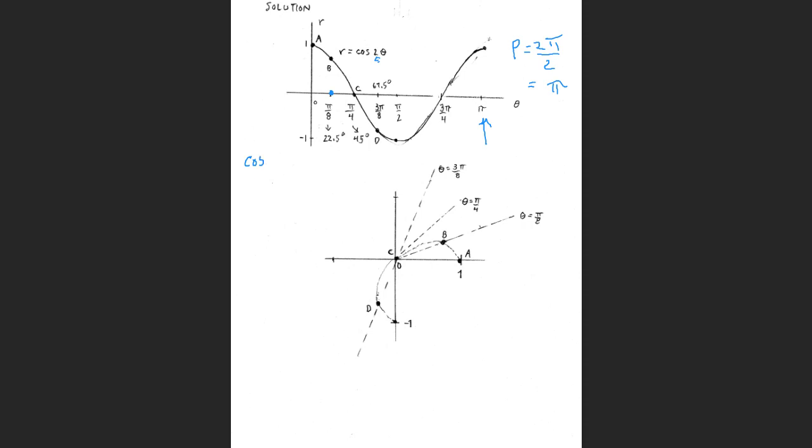cosine of 2 times pi over 8, that equals the cosine of pi over 4, which is root 2 over 2, or about 0.707.